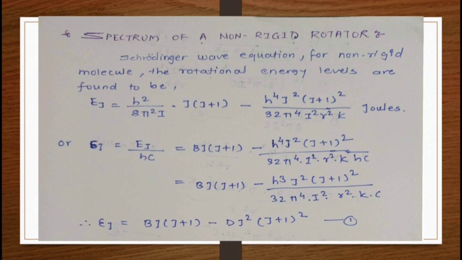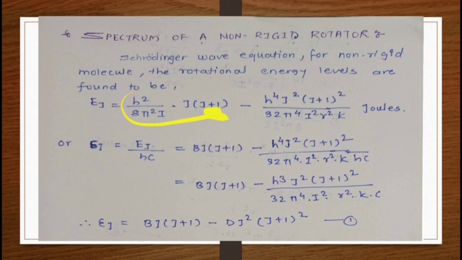So our B value is h upon 8 pi square I c. So I have written here B into J(J plus 1). This is the first term we got after dividing by hc. Suppose this is equation number A, and we have to divide this equation by hc to convert the equation from joule to per centimeter. So this is our first term.